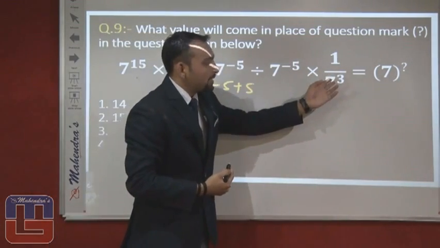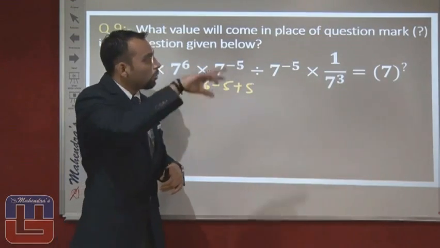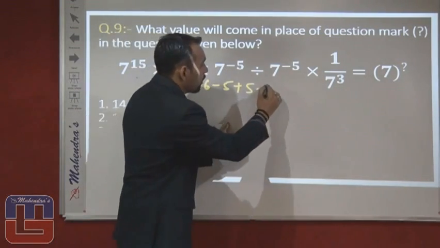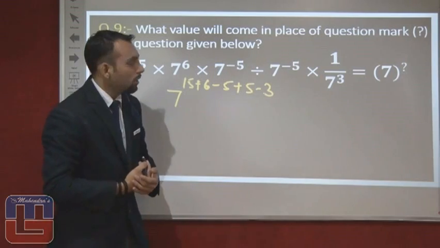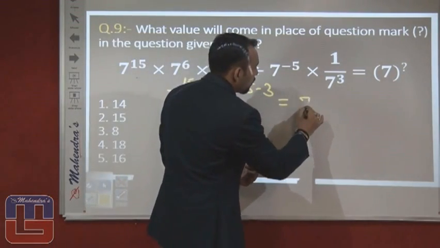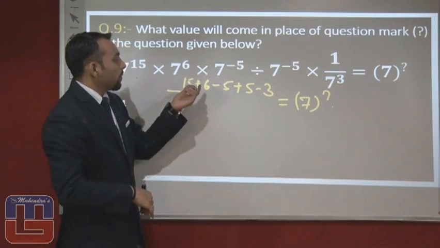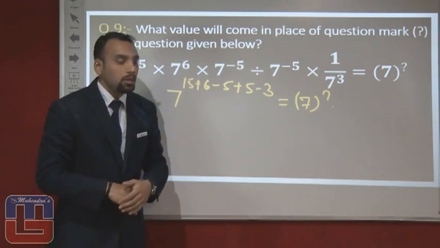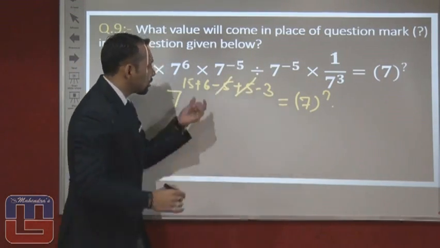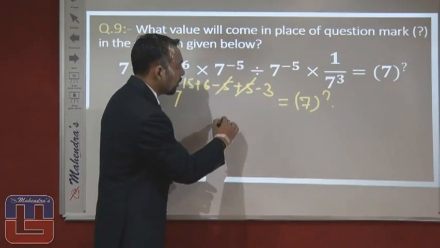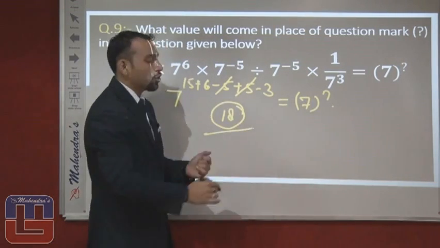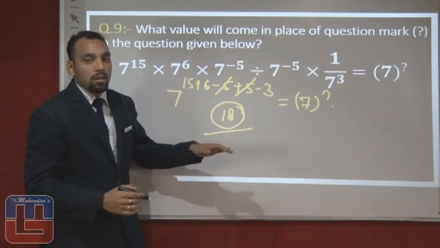Here this 1 by 7 to the power 3, when it goes up, the sign will change, that means minus 3, which will be equal to 7 to the power question mark. Now see, 15 plus 6 is 21, this 5 will be cancelled, 21 minus 3 will be equal to 18, so the value of the question mark will be 18.